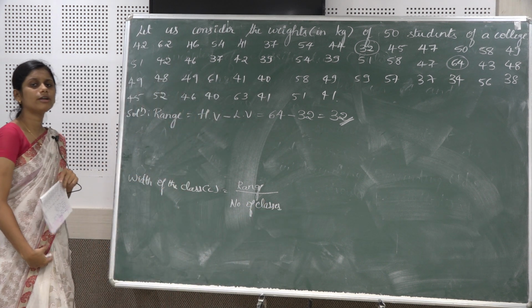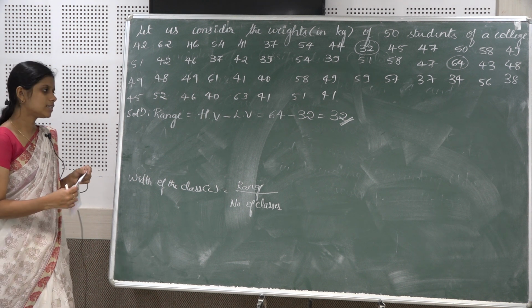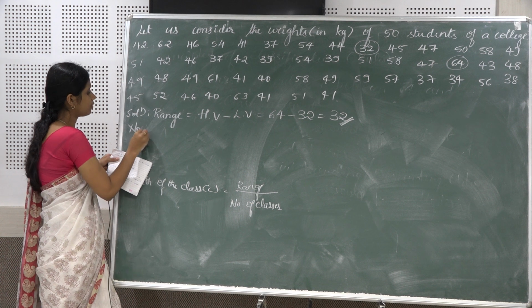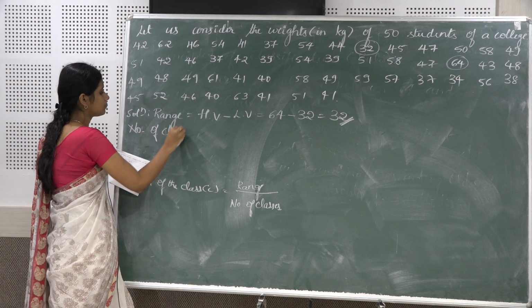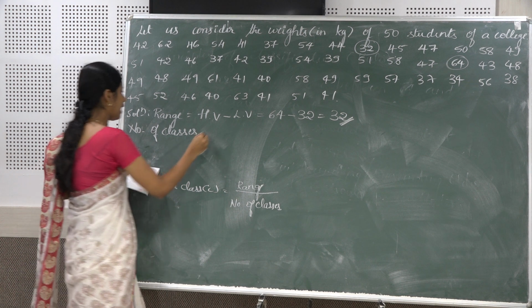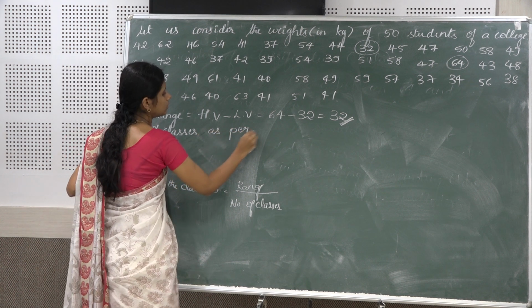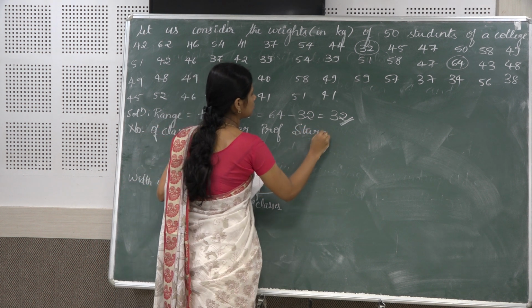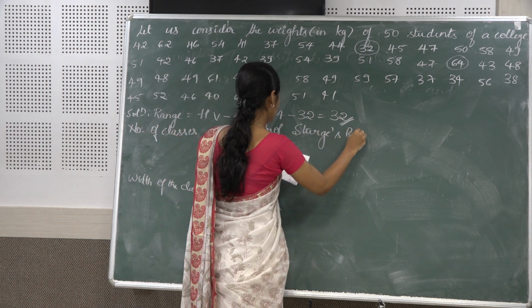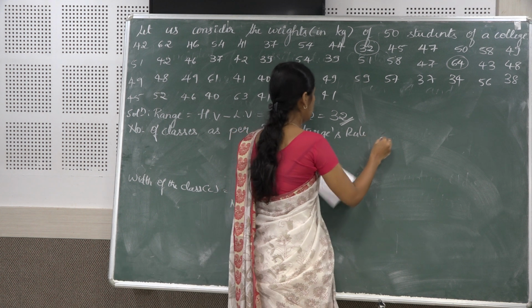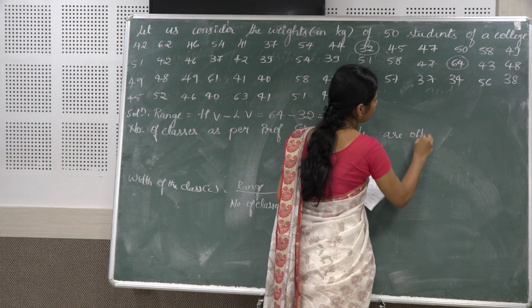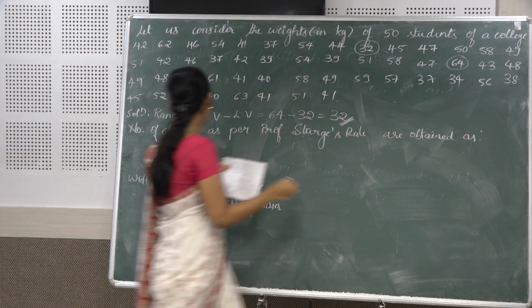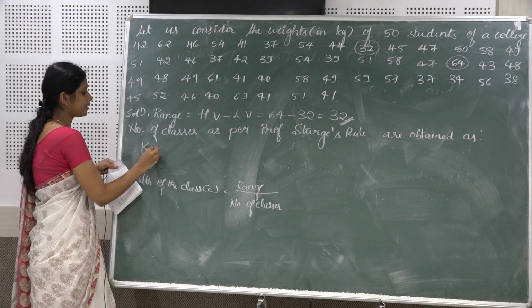You can find the number of classes with the help of Professor Sturges' rule. The number of classes is obtained as follows, and it is denoted by capital letter K.